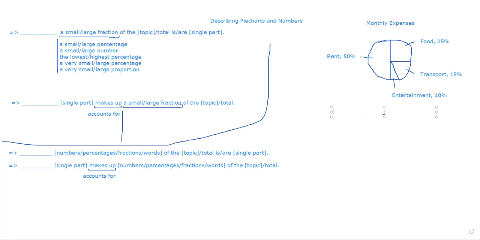For example, 50%. Now we can write using both the number and the word, because the percentage sign has been given in the question itself. So if we use the percentage sign as well, it is going to be repetitive. So we can write 50%.